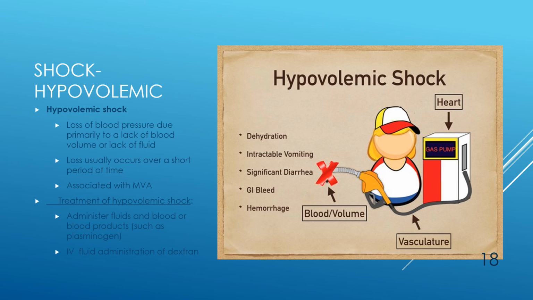So these are the common causes of shock, like I mentioned: dehydration, vomiting, significant diarrhea, GI bleed, motor vehicle accidents, internal bleeding. All of these things could cause hypovolemic shock. What do you do? You've got to manage the fluid administration with blood products and other fluids to bring up the blood pressure of the patient.